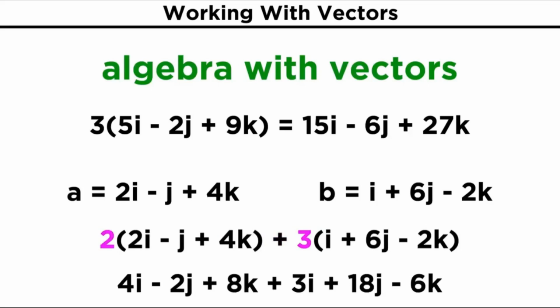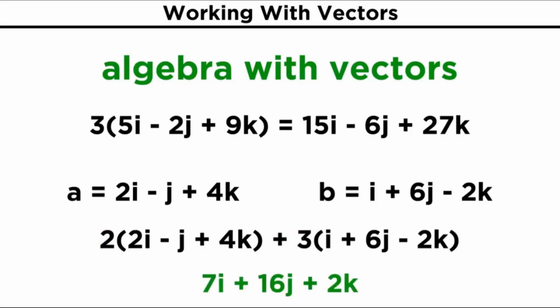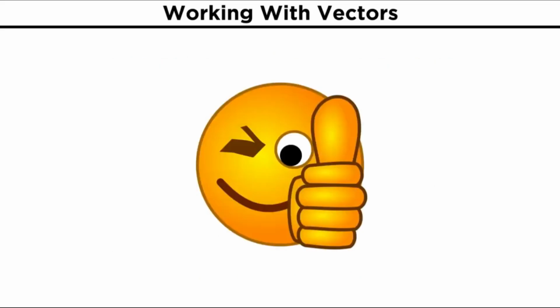First, we distribute each scalar across the sum it operates on. Then we simply combine like terms and we end up with 7i plus 16j plus 2k. And we have performed this complex operation using simple algebra. Now that we know how to perform a few different operations with vectors, let's check comprehension.